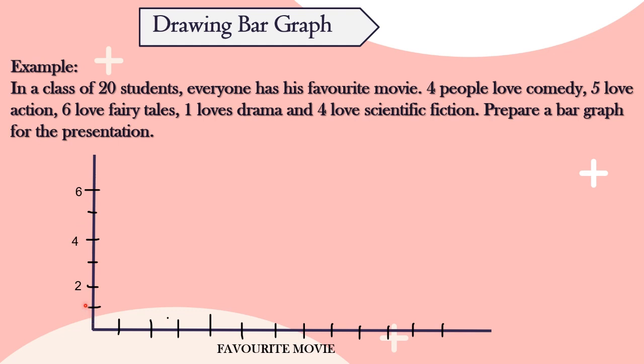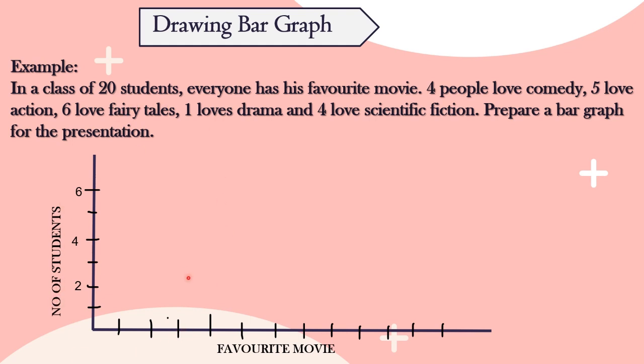Whether you write it out or you leave it, you just know what the ones you didn't label stand for. You can see that I've labeled the vertical axis as number of students or frequency.